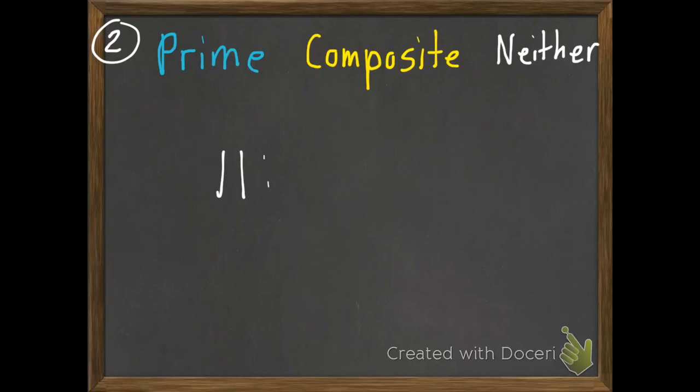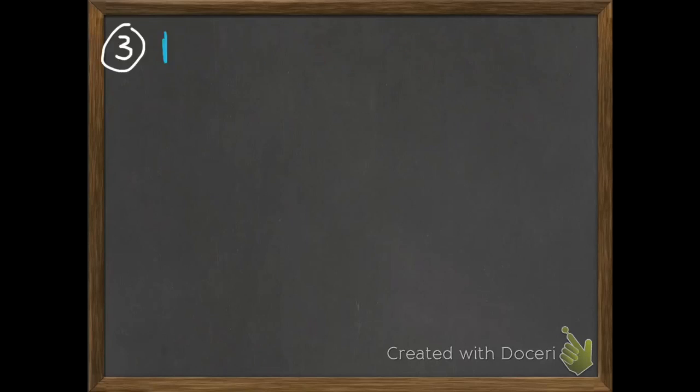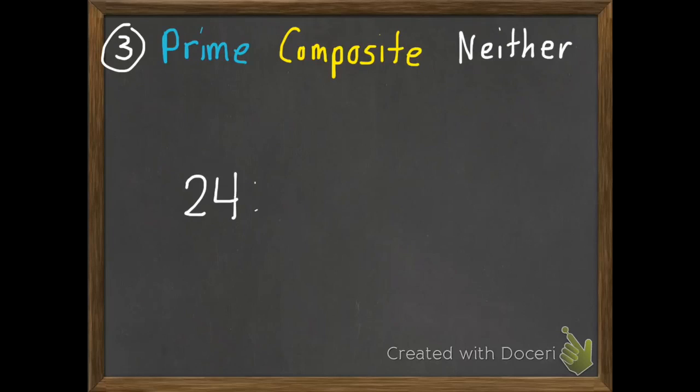Is it prime, composite, or neither? This time your number is 11. Third problem, same thing. Is it prime, composite, or neither? And the number you're looking for is 24.